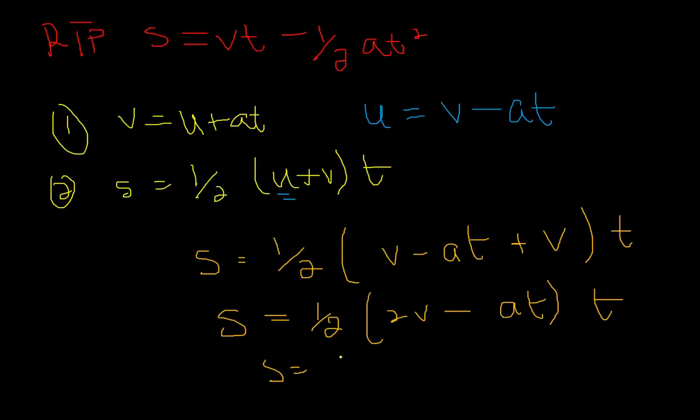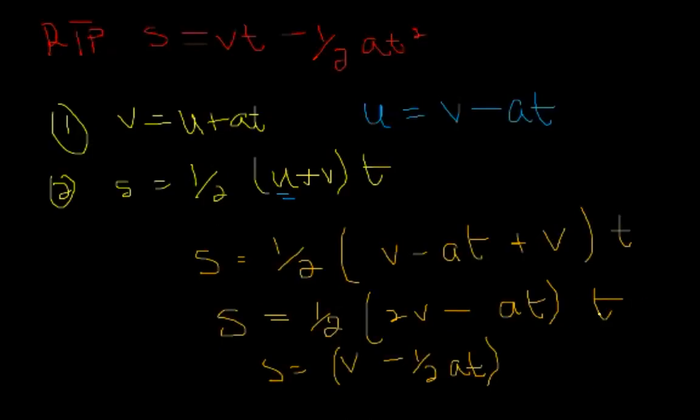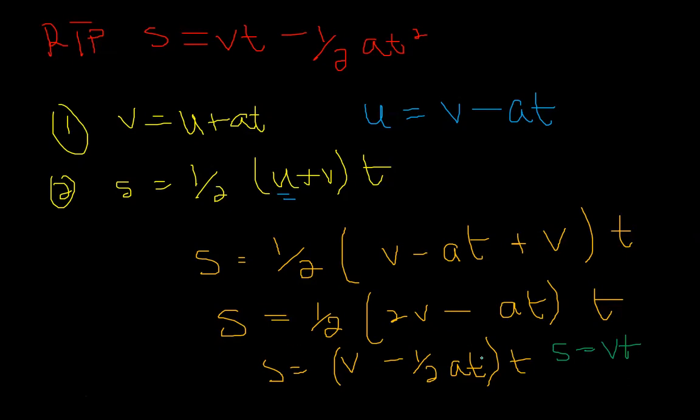So a half by 2V is V. A half by minus AT, that's minus a half AT. We still have to multiply everything by the T. Don't forget the T. And that's how they got, after simplifying this, S is equal to VT, because V times T is VT. And then minus a half AT multiplied by T would give me minus a half AT squared. That's how they got this.